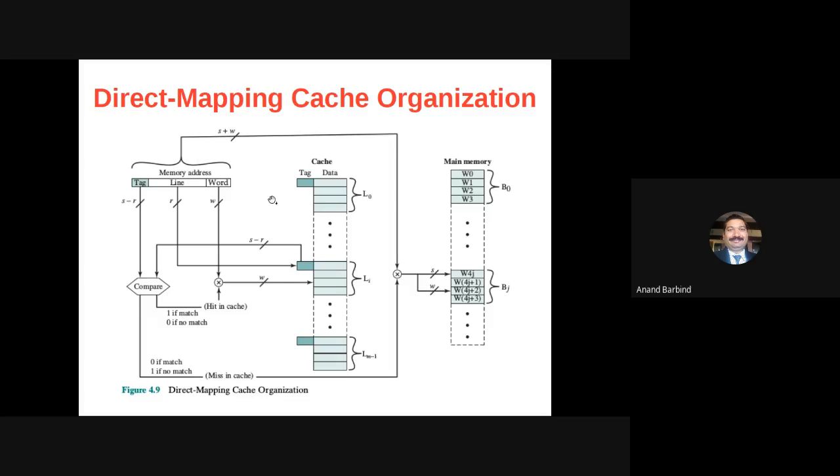It will take a little time to explain this diagram in detail, as to how the memory address is used and what the tag is. We shall defer the explanation of this direct mapped cache organization till the next class, because it is time for you to join the next class. So today we shall stop here.